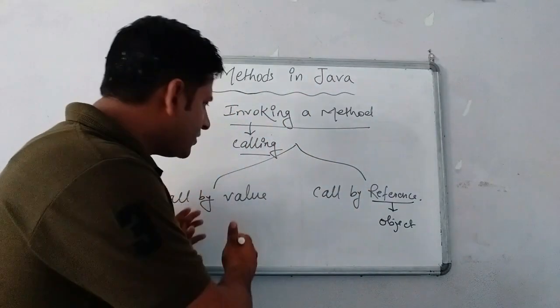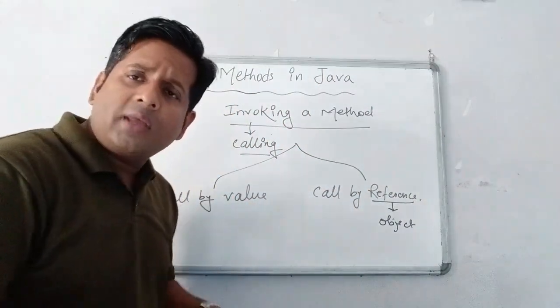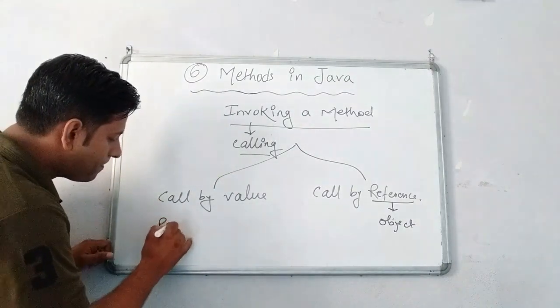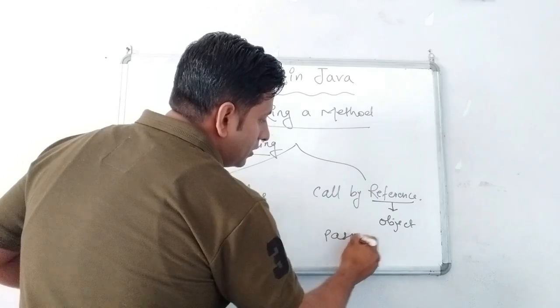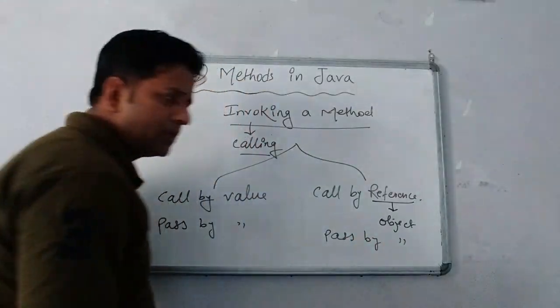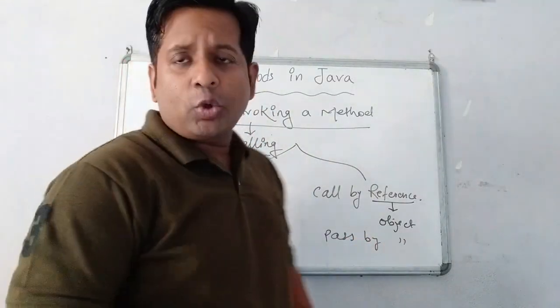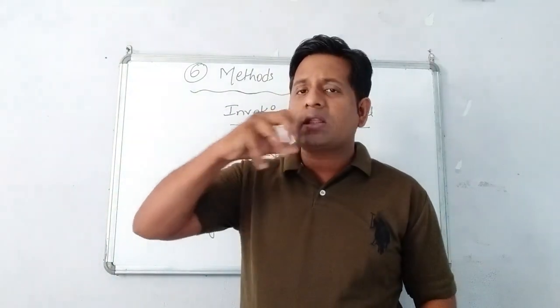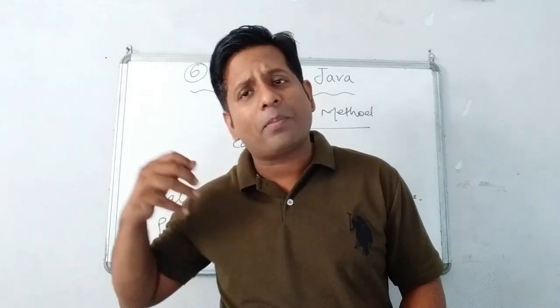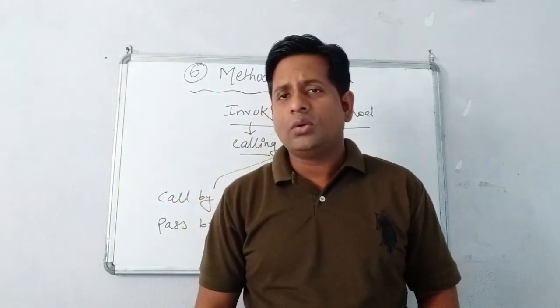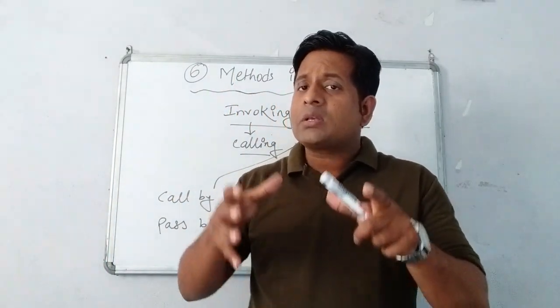Children, call by value and call by reference are also known as pass by value and pass by reference. The concept is the same. In the same way as you call, you can pass the value also. You can pass the value directly, or you can pass the value through a reference. So invoking means calling.